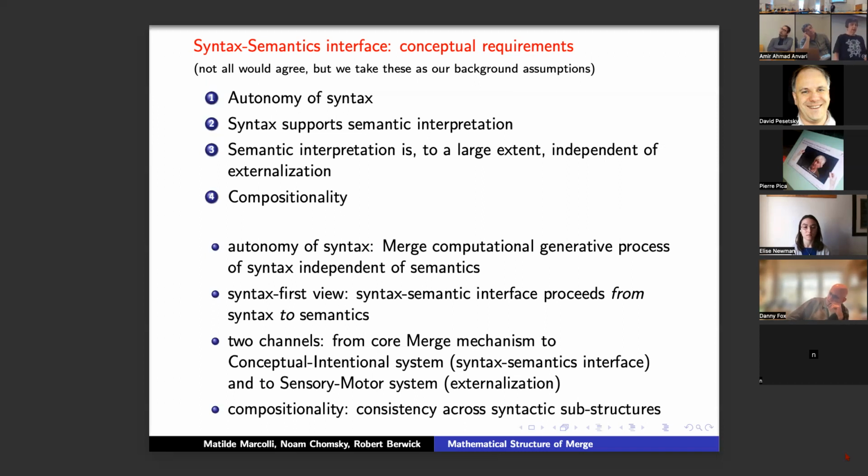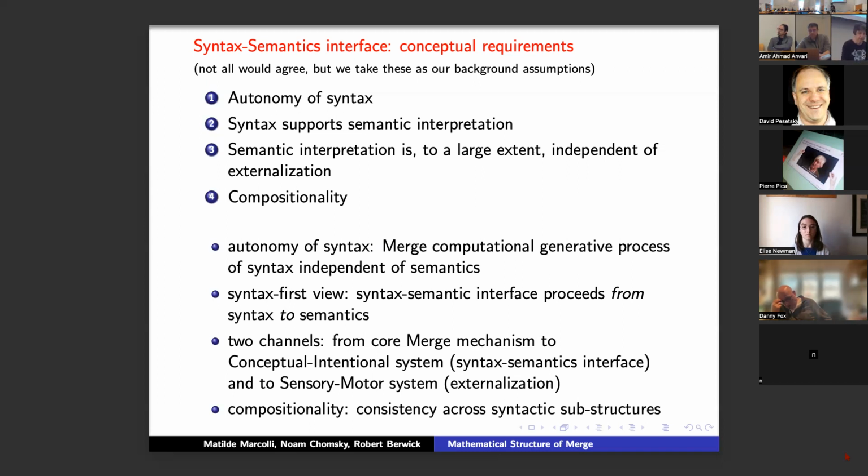You can think of this as having a core Merge computational system, which is a Merge mechanism, and then it has two interfaces. One, say, with the conceptual-intentional system, which is the syntax-semantics interface, and one with the sensory-motor system, which is the externalization. These two channels will have to talk to each other at some point. We'll see that they do, but a priori, you go these two ways.